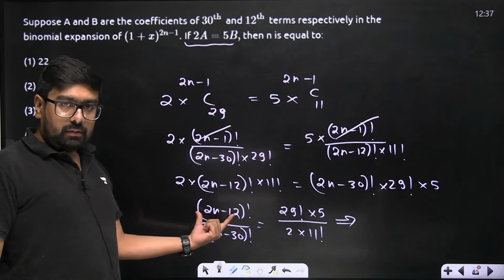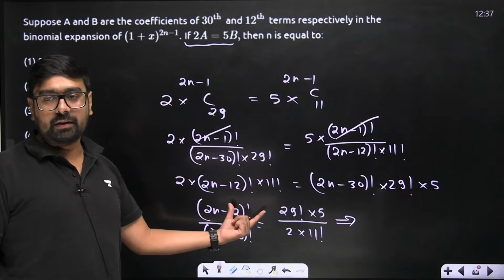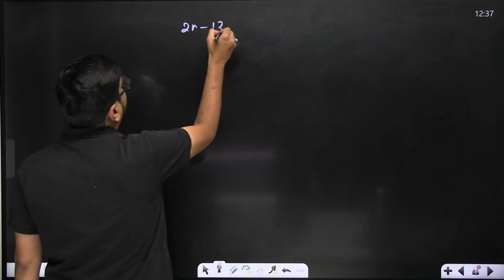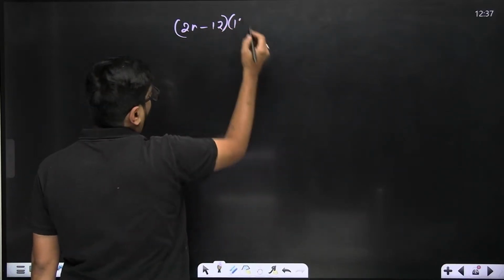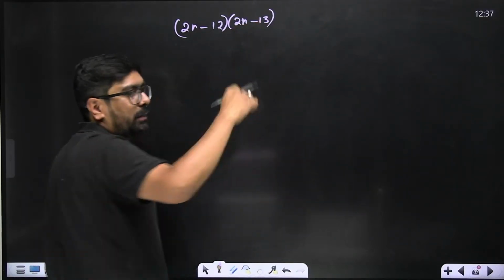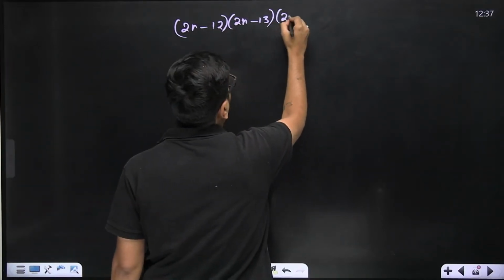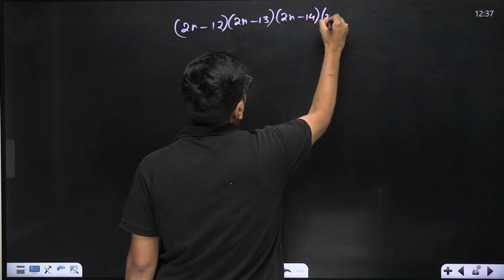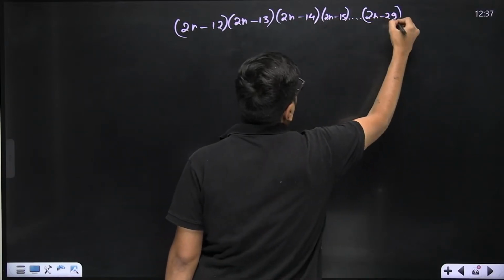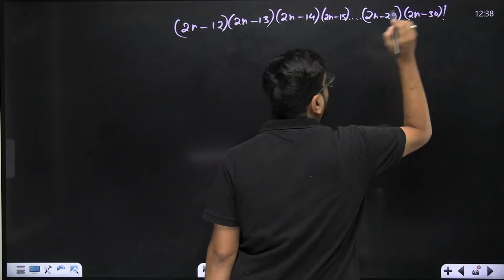We can cancel from (2n minus 12) to (2n minus 29), and then (2n minus 30) factorial will be included after that.